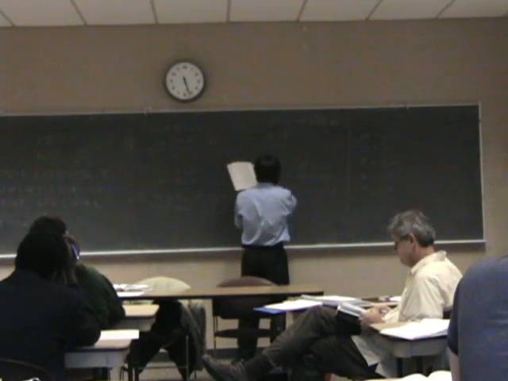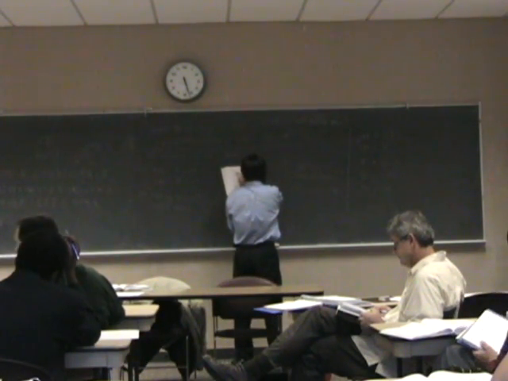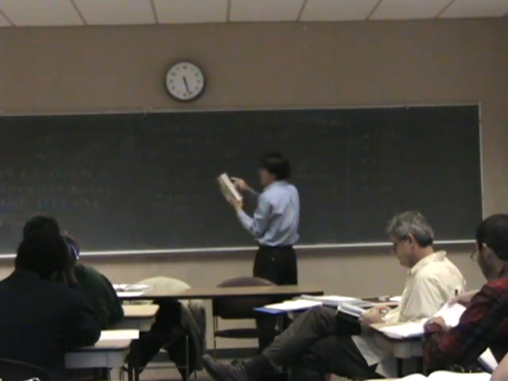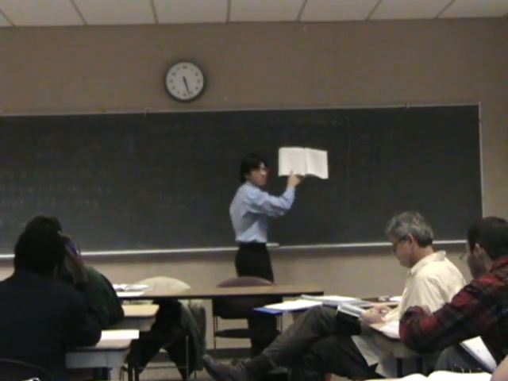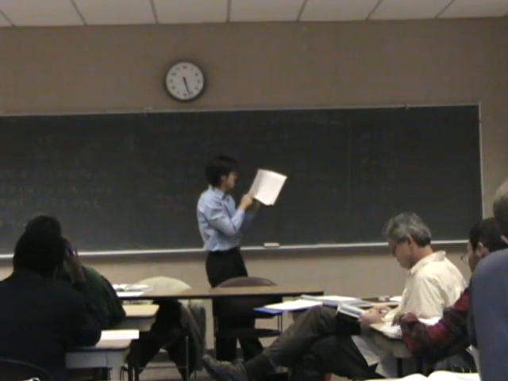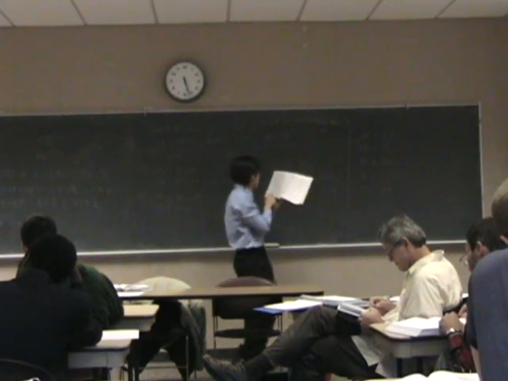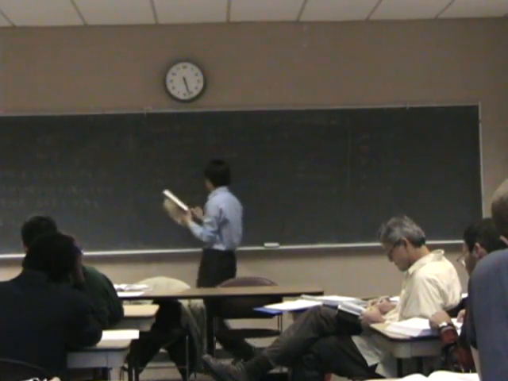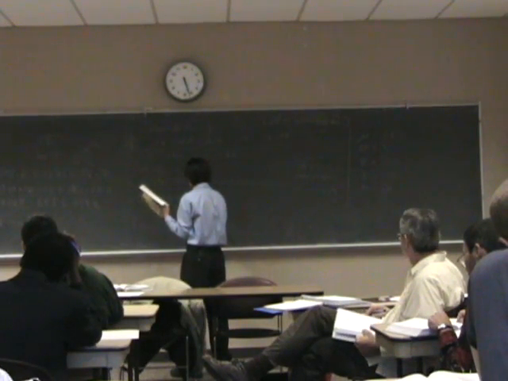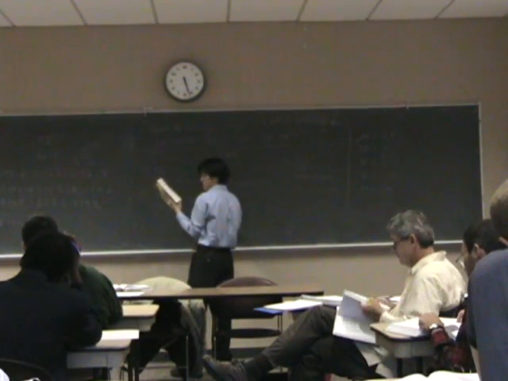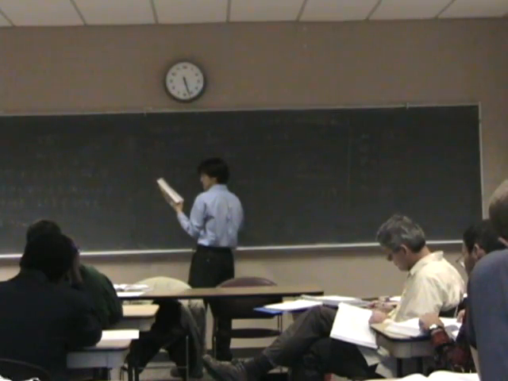The first row is one tail, that we need. One tail at 0.05, so second column. The critical value of T is 1.729.